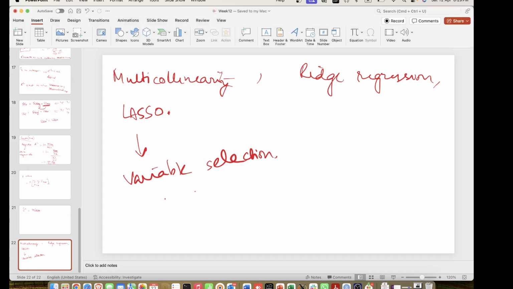Why do we need to perform variable selection? A, we want to keep the model very simple and effective. Secondly, if we include a large number of variables which contribute very small quantities to the total variance, then when we go for inversion of the matrix to get the OLS estimates, there could be some troubles.